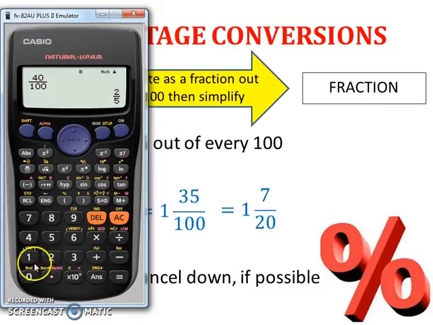So on the calculator you can put in the 135 over 100 and press equals, and that gives it to us as an improper fraction. And remember, if I press shift ABC, it puts our mixed numeral 1 and 7 over 20. You can also put in 135 and to get the percentage, shift percent equals, and then use your S2D button. It's another method of getting there on your calculator.